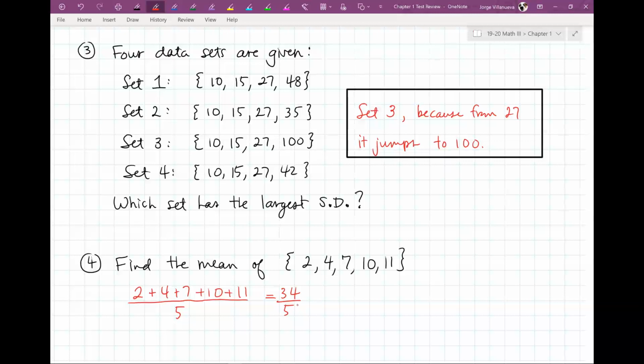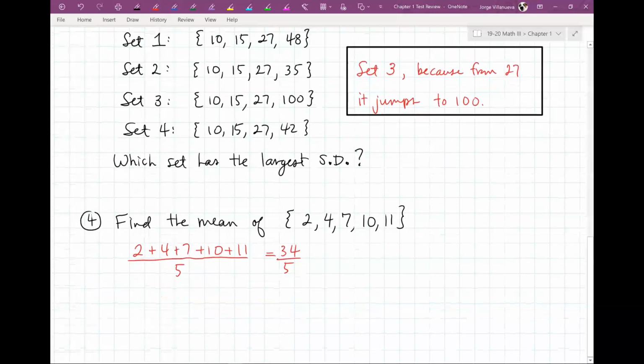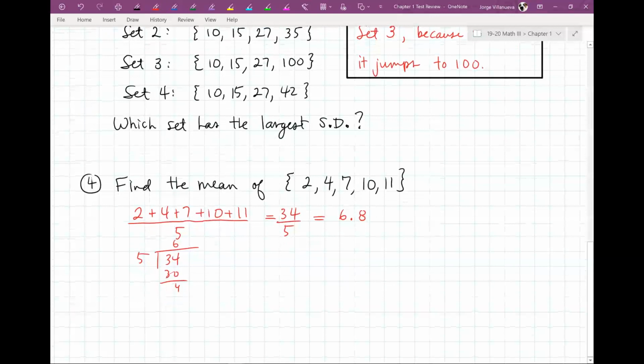You can use calculators, but since I don't have one, I'm going to do it by hand. 34 divided by 5 is 6, that's 30 with the 4 left over. So it's actually not approximately, it's 6.8. That's 6 4/5 or 6.8. So there's my answer for the mean.